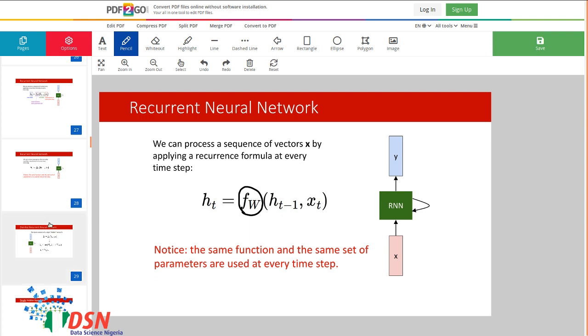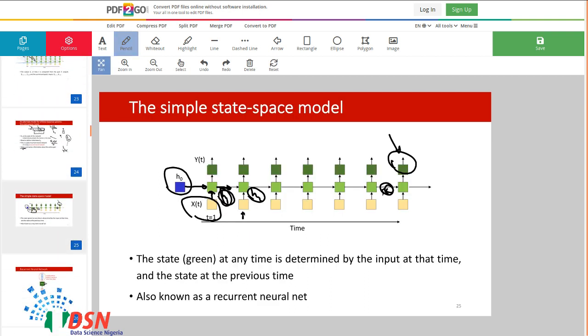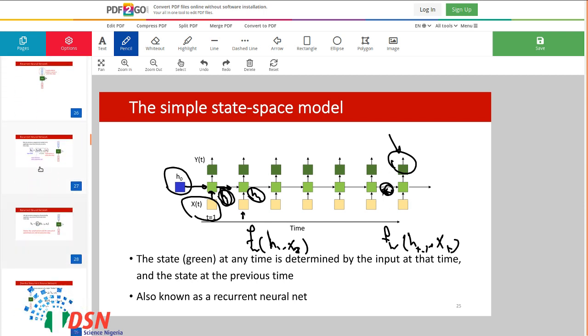So for example, when we want to get h2 by applying a function f on h1 and x2, this function is the same function as the earlier one, so we apply the same function to create the hidden state here. So we don't change the function through time.